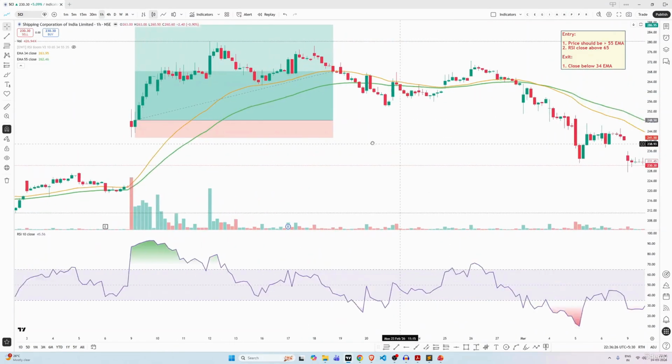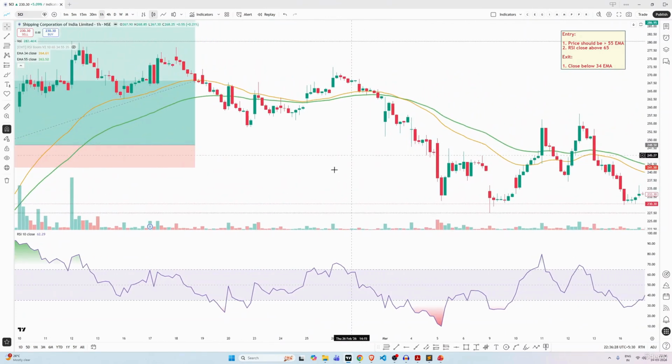Now let's see if we can find some more trades. Here you can see the price closed above 65, the RSI value is 66.48. So this is also a valid signal, and price is above the 55 period EMA, which is our green line.